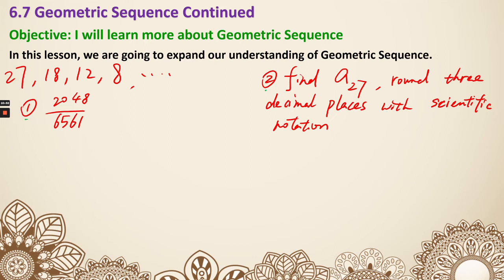First, we are going to need to find what 2048 over 6561 is in decimals. That is going to give you 0.31214. Then you are going to type in your calculator using y equals with the explicit formula. If you try to find the r, it is 18 over 27, which gives you 2/3.